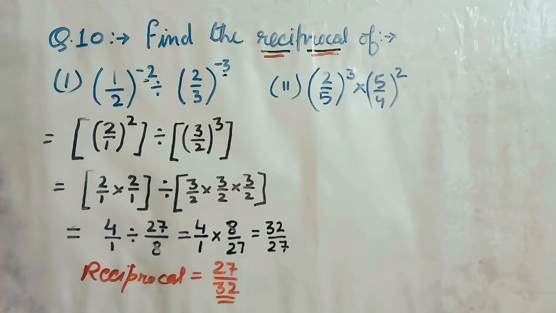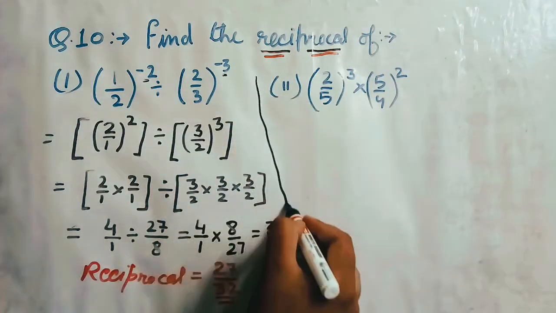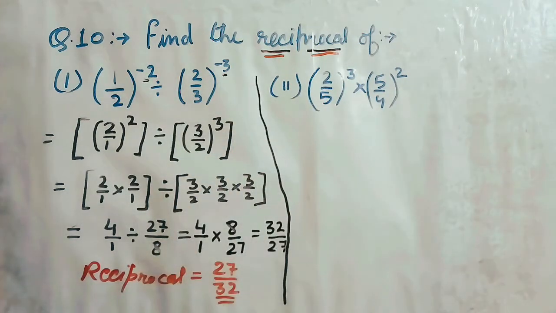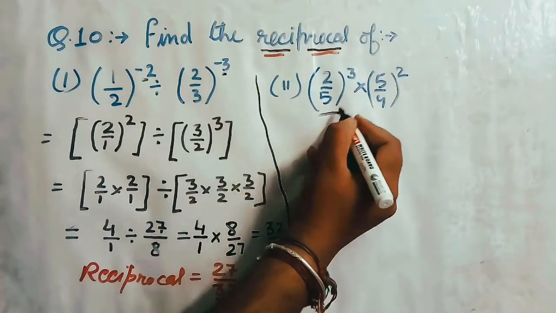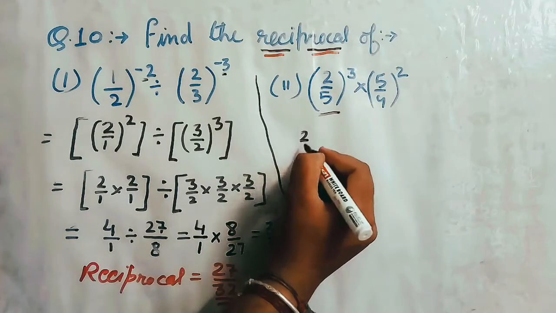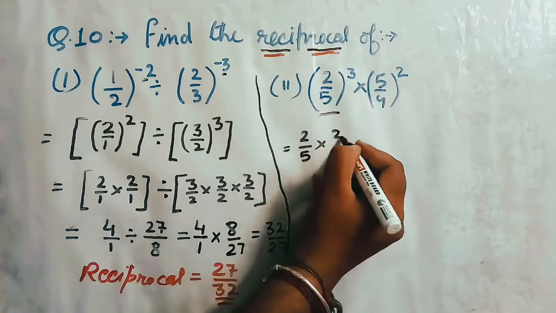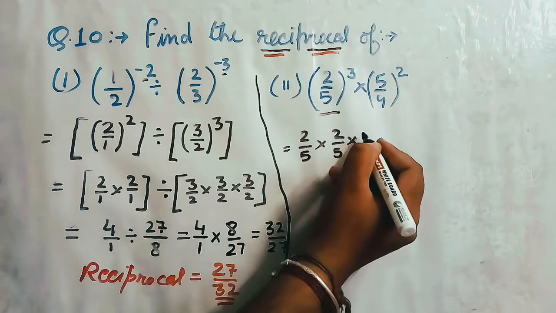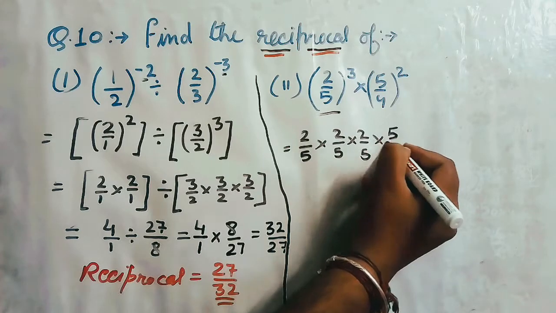Now let us solve the second part also. It is 2 upon 5 whole raised to power 3 multiplied by 5 upon 4 whole raised to power 2. So both are in simplified form. So 2 upon 5 raised to power 3 means 2 upon 5 into 2 upon 5 into 2 upon 5.